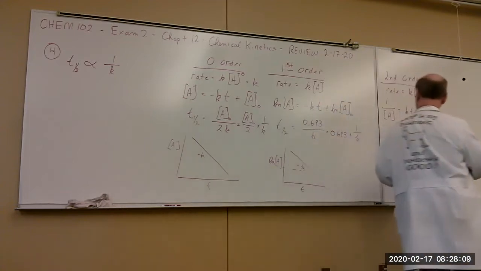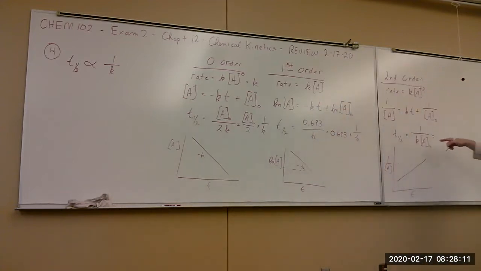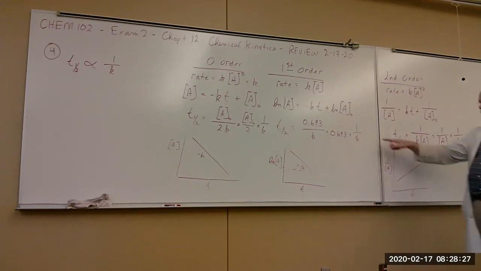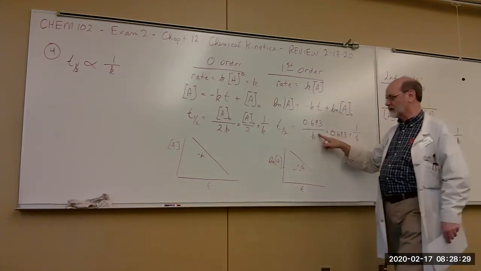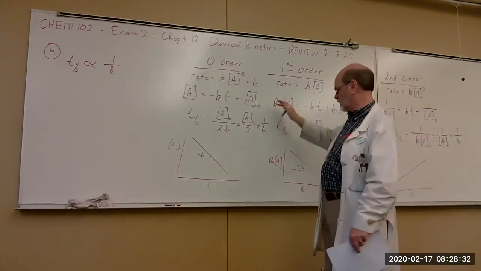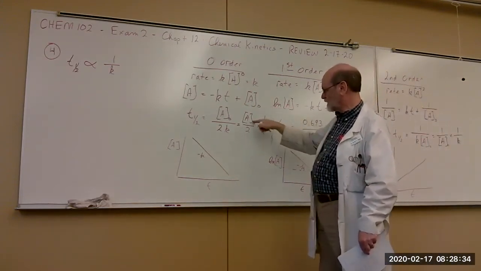How about this one? So let's see, you've got 1 over A0 times 1 over K. That's valid, right? How do we know? Because if you multiply this times this, you get that. Multiply this times this, you get that. Multiply this times that, you get that.